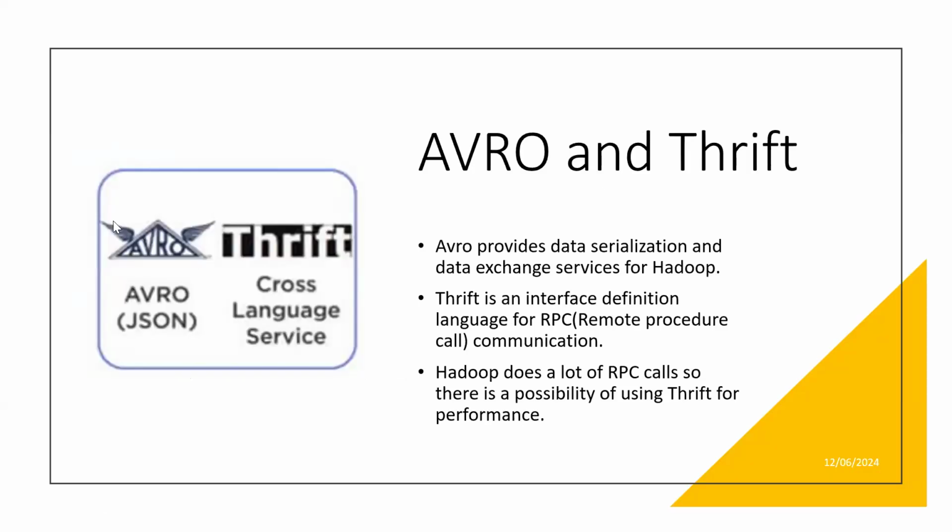Then we have Avro and Thrift. These are the data serialization and exchange services for Hadoop, so we can handle RPC communications. Because you are going to handle multiple different nodes, you need this, and we can use Thrift for performance.